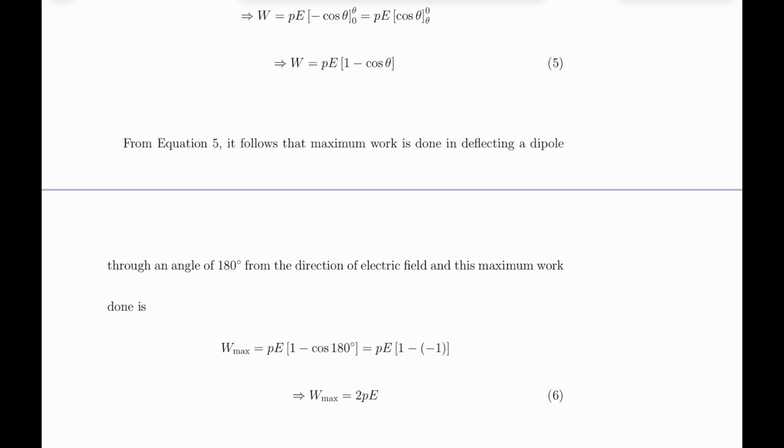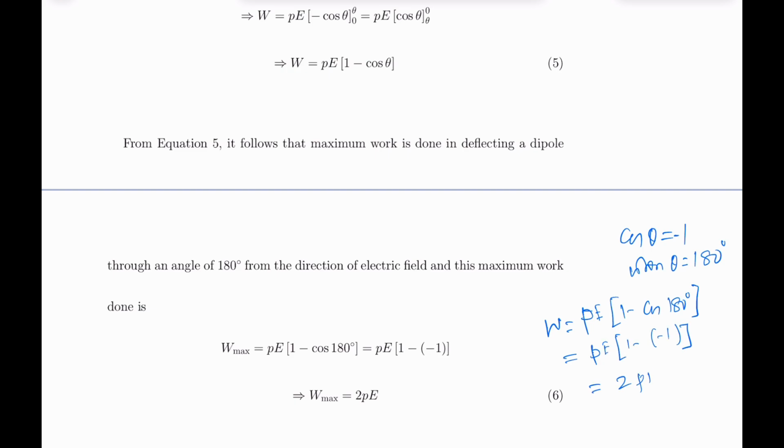Because you already know that cos theta is minus 1 when theta is 180 degrees. So W is PE into 1 minus cos 180 degrees, which is PE into 1 minus minus 1. So this is simply 2PE.